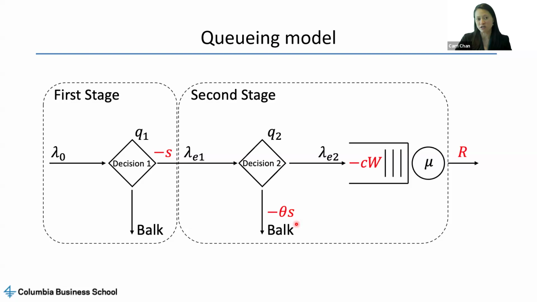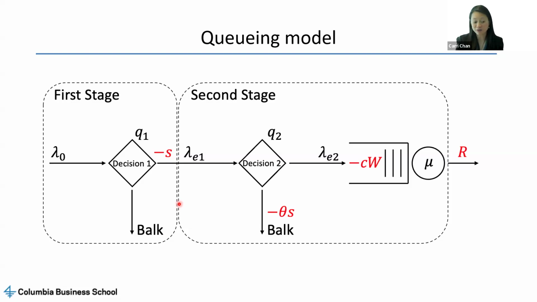If your sunk cost is really large and your aversion is very large, then this cost of balking will be quite large. If there's no sunk cost, or if you're fully rational and theta equals 0, then you may not incur any cost with balking. All right, so this is our model.